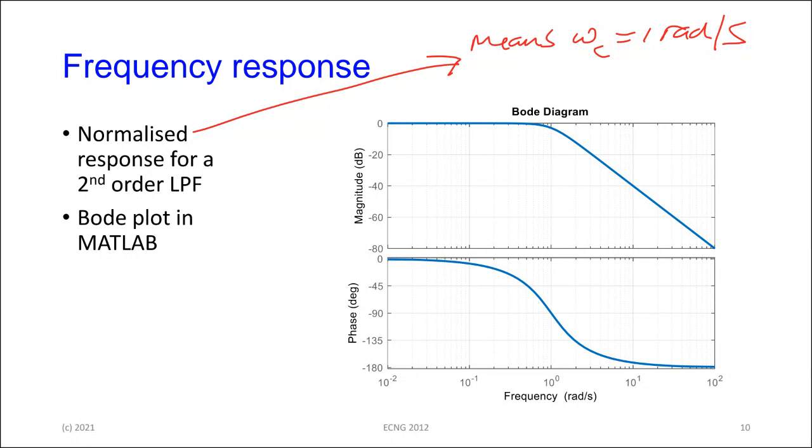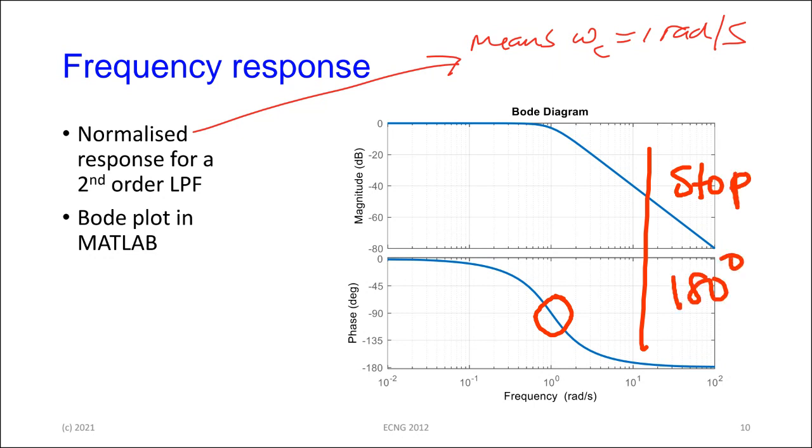The phase response is gradually changing as you go, and as you approach the cutoff frequency, the phase transitions through -90 and goes all the way in the stop band to -180 degrees, which means that any signal getting through in the stop band is 180 degrees out of phase, which means it's inverted.